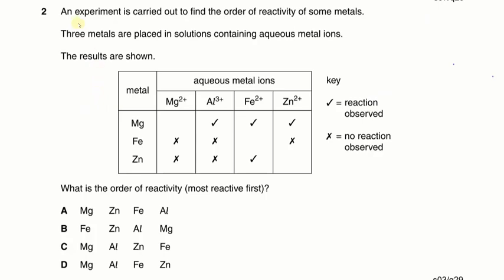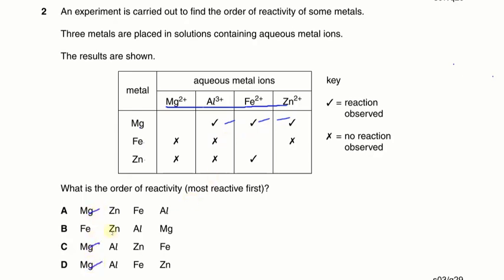In the next question, an experiment is carried out to find the order of reactivity of some metals. Three metals are placed in solutions containing aqueous metal ions. We have dipped magnesium, iron, and zinc in all these ions. Magnesium has made all the reactions, so you can say magnesium is the most reactive.